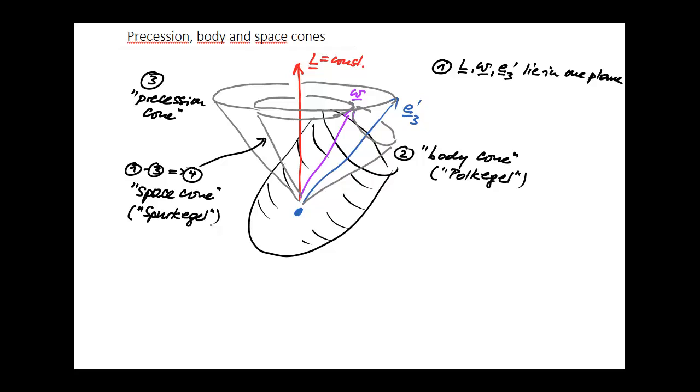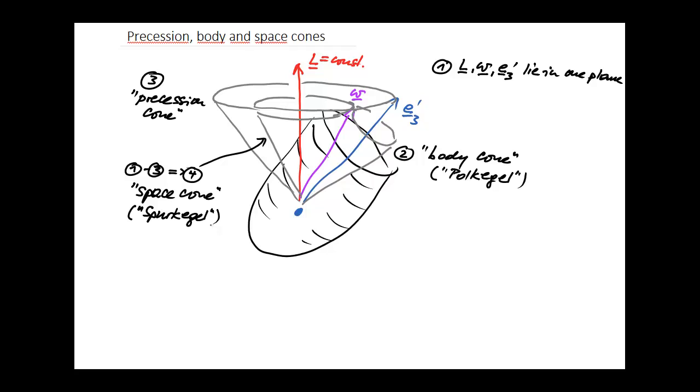Well, there are 2 intersections, one on each side, but there's a discrete jump between the 2. If, say, at one point omega is, as I had drawn, between E3 primed and L, then this remains so at all times. This specifies uniquely the vector omega.